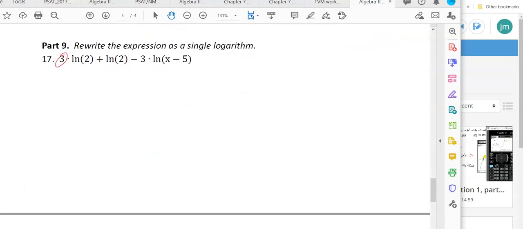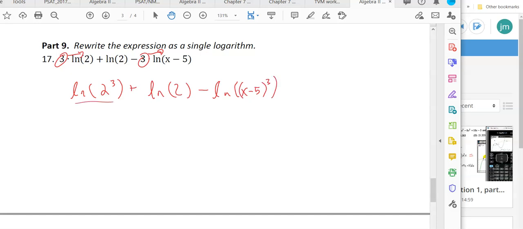Write this as a single logarithm. Move those first. Any kind of coefficients that kind of move up. So this would be natural log of 2 to the 3rd plus natural log of 2 minus natural log of x minus 5 to the power of 3, I guess, there. So let's push these together first.